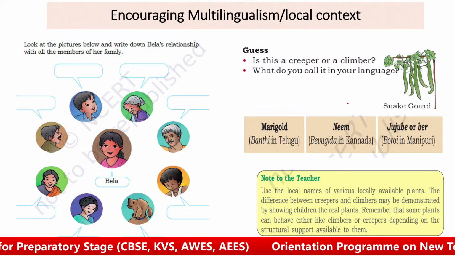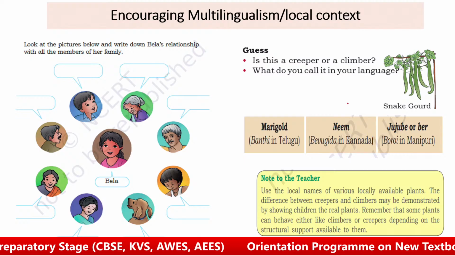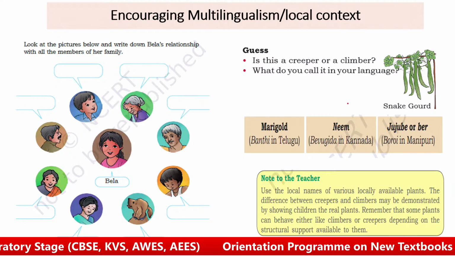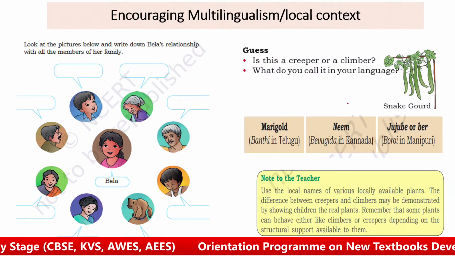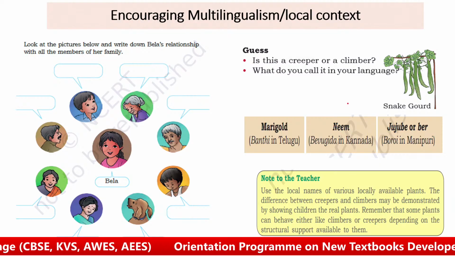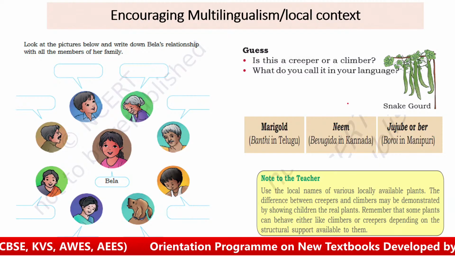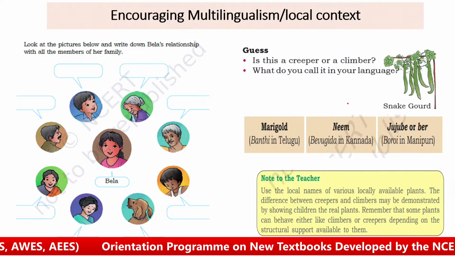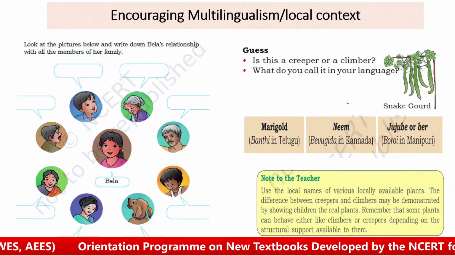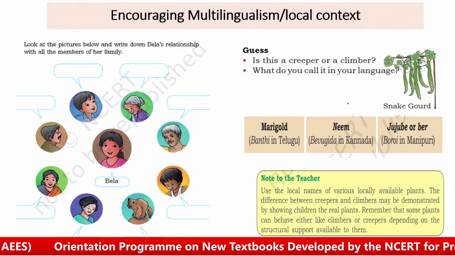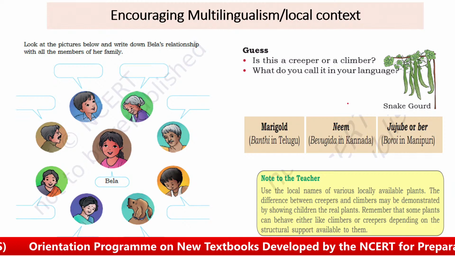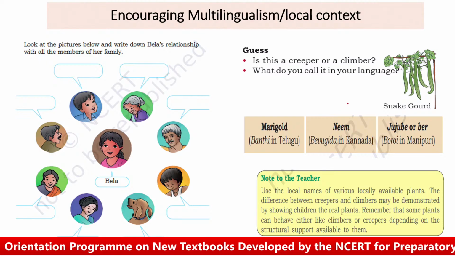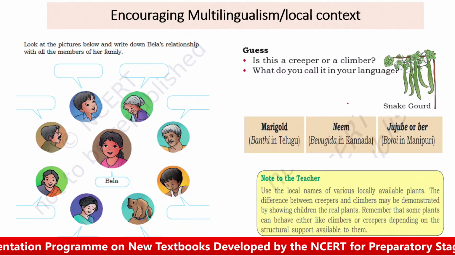And then another important aspect of our textbook is that we are encouraging multilingualism, and we are also promoting local context. So many examples are given in our textbooks. So when such examples are there, they are also to be assessed in a fair manner. Like there's one example: look at the pictures below and write down Bala's relationship with all members of her family.